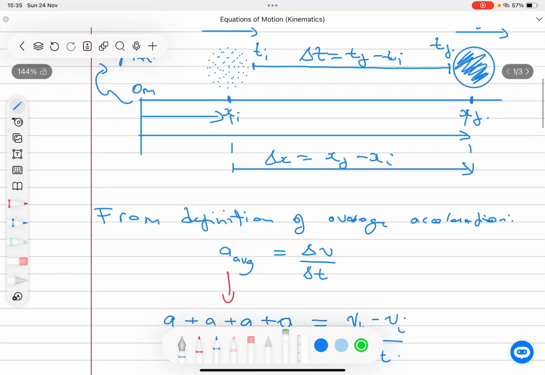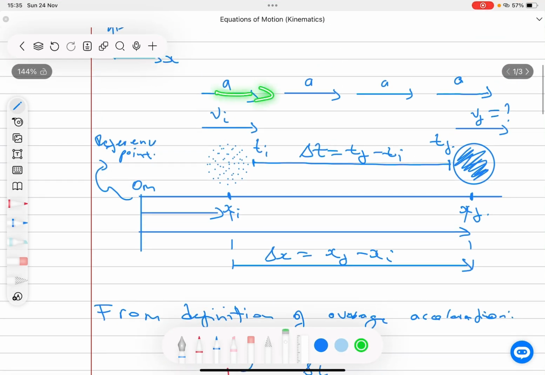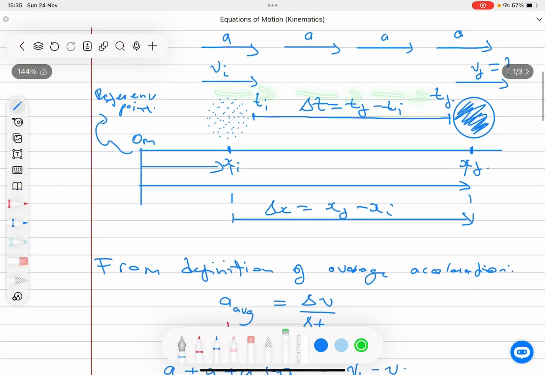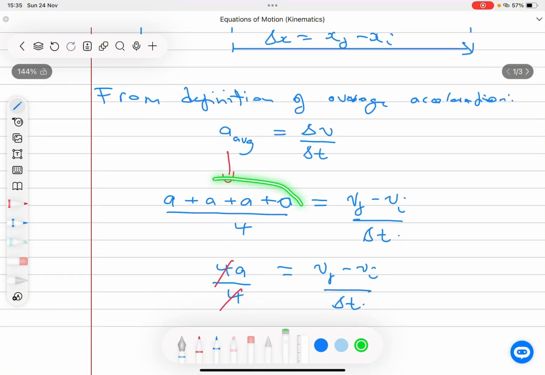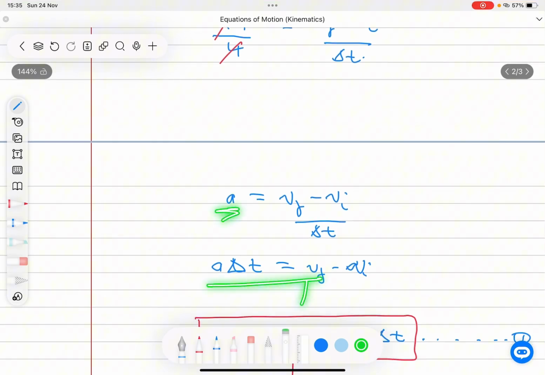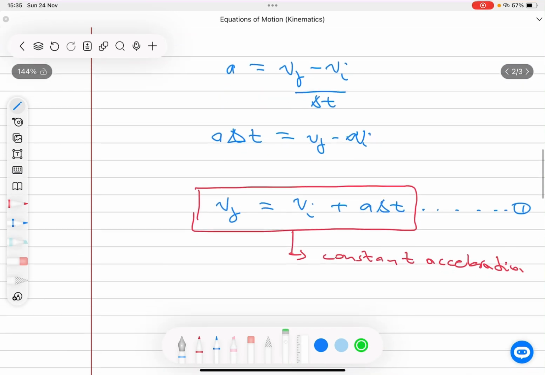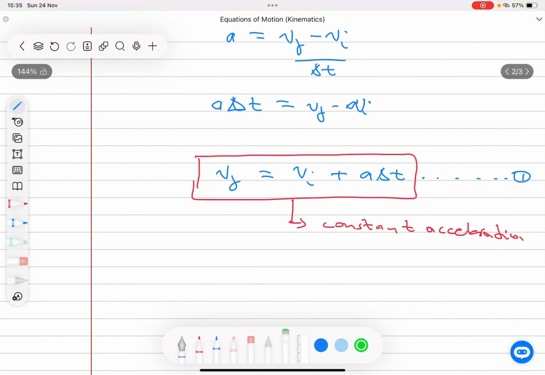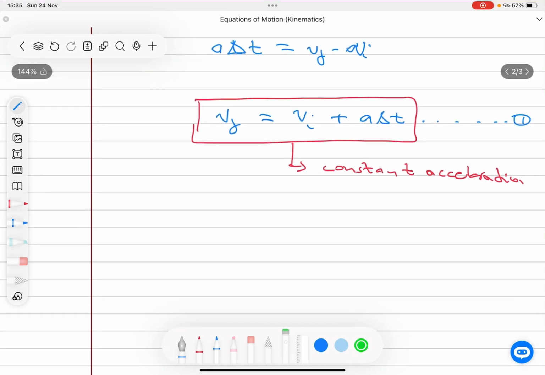Because remember, if the acceleration was not constant, if it was not the same throughout as we move like that, we wouldn't have this part here to be a, and this equation wouldn't look like the way it is now. So this equation is only valid, or it can only be used, when the acceleration is constant.